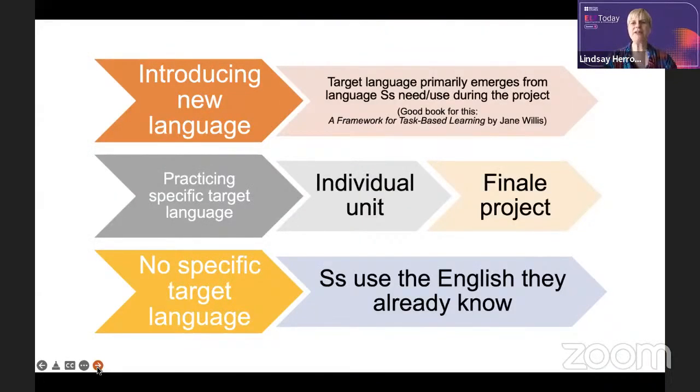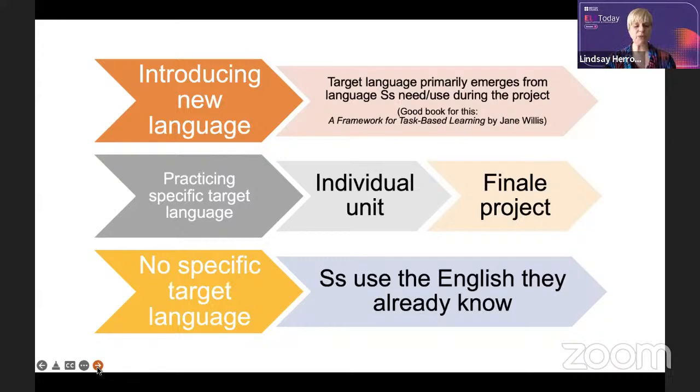Well, I've used it throughout the curriculum, basically, for different purposes. You can use projects to introduce new language. And actually what I like to do is not set the target language, but rather let students use the language and have it emerge from what they need or what they use during the project.